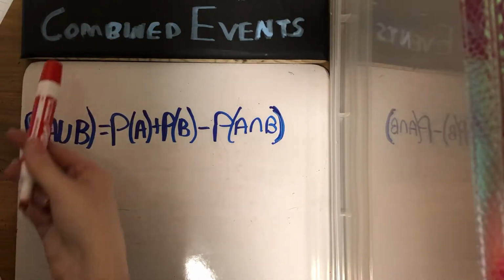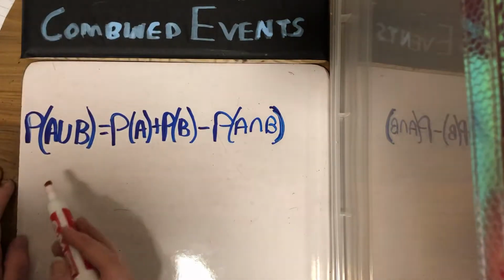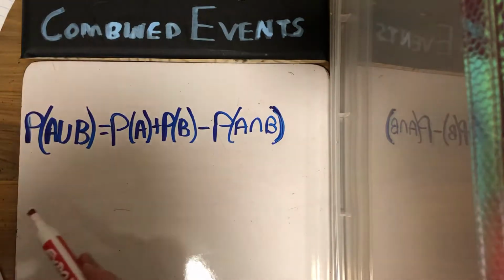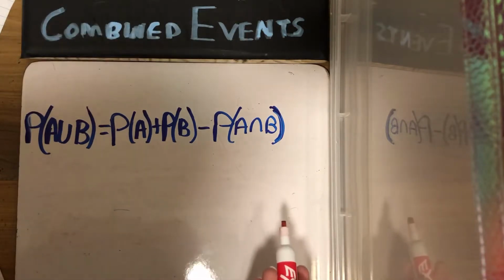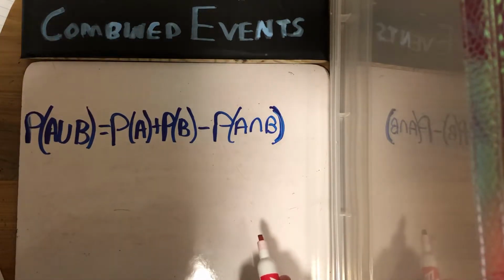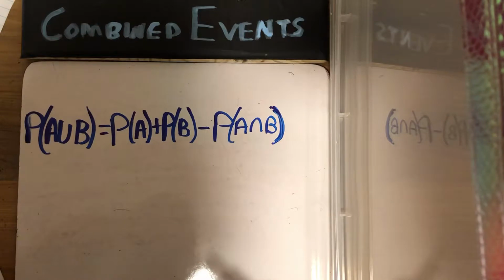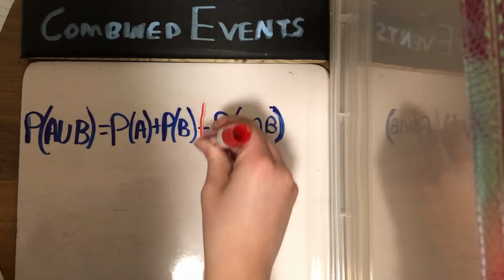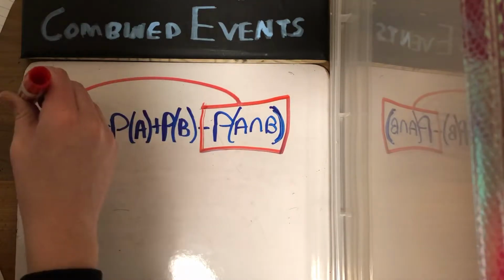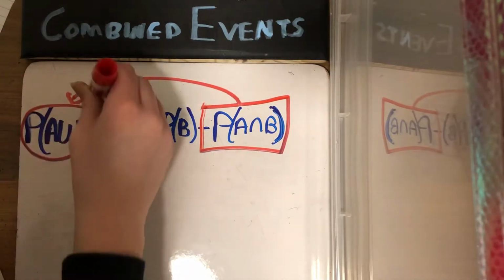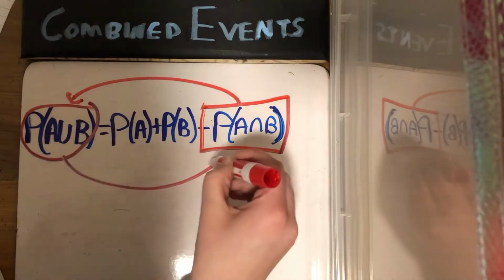Now next we'll be learning about combined events, and right here is the formula that we will be using for the next few problems with that. Now this formula could be used just as it is, or just like the other formula, we could switch it around to solve for other different things. So we could take this right here and add it to this side. At the same time, take this right here, subtract it from this side.